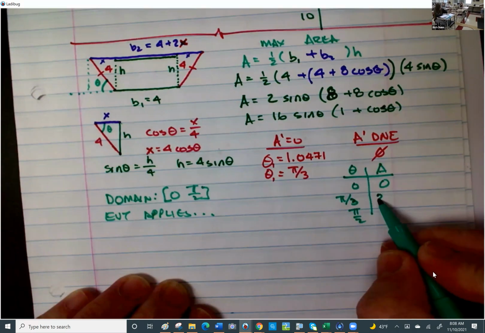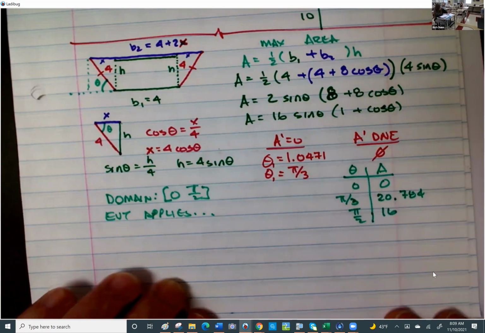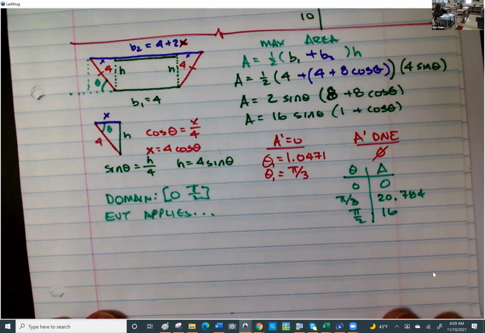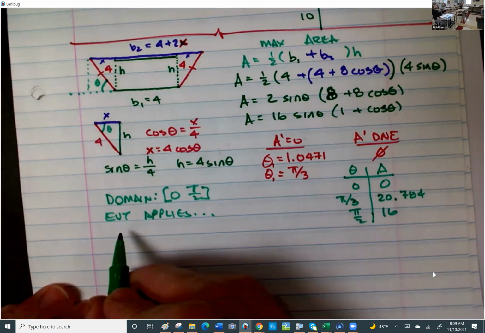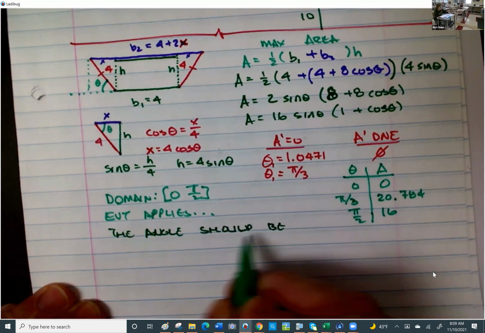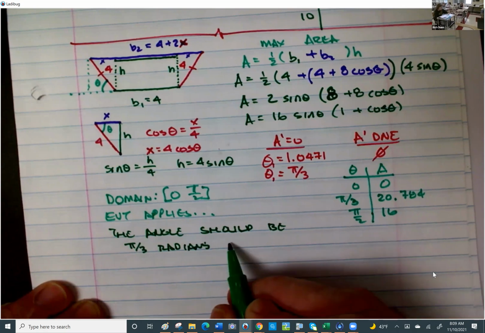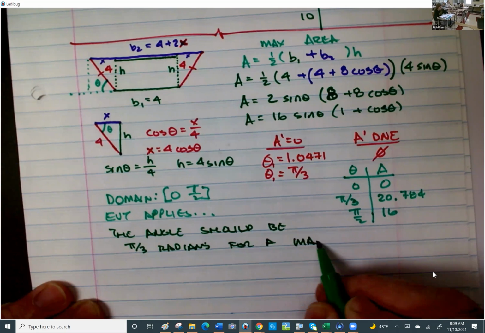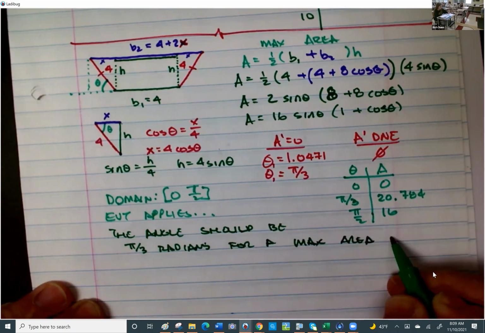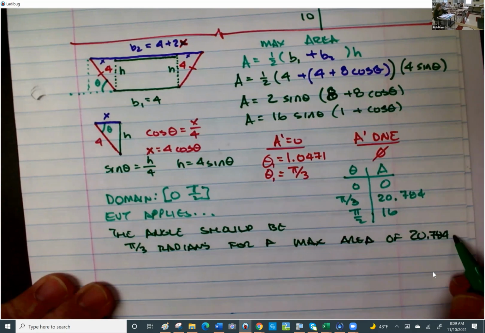The cross-sectional area was 20.784 at 1/3 pi, and then it's exactly 16, just a square, 4 by 4, when we are at 1/2 of pi, which means we can say the angle should be 1/3 pi radians for a max area of 20.784. And I believe it should be inches squared.